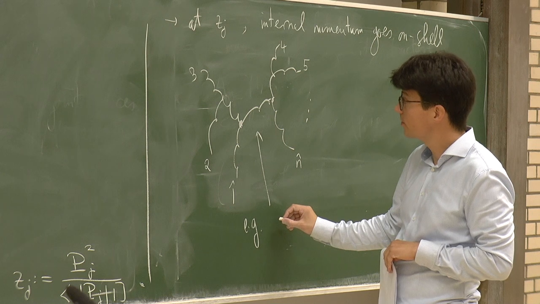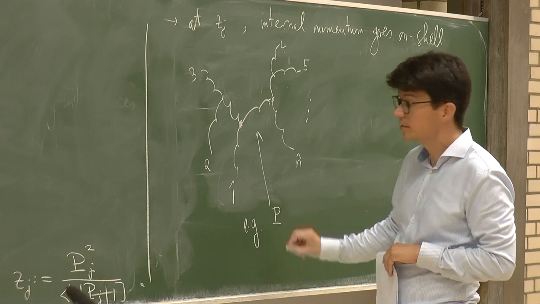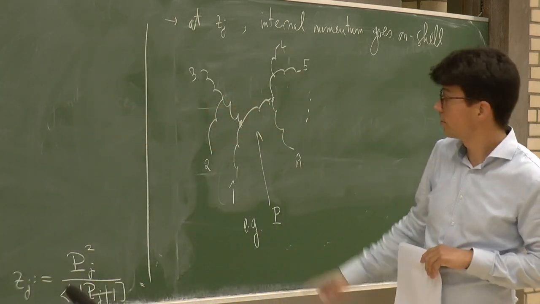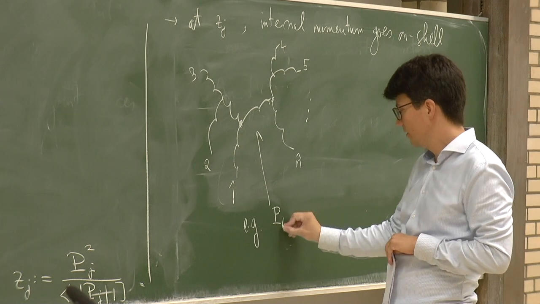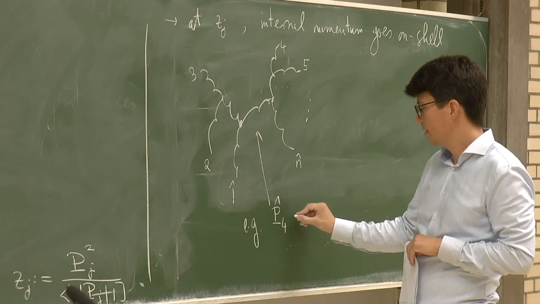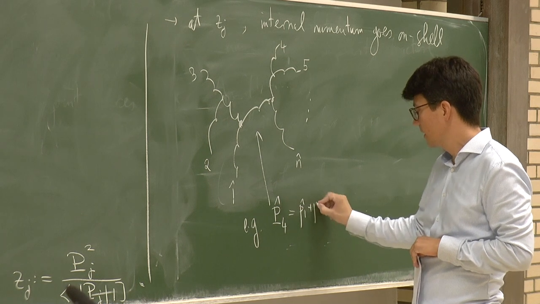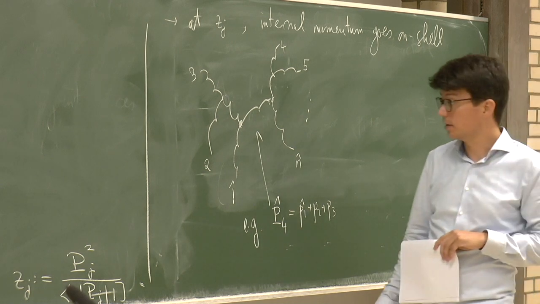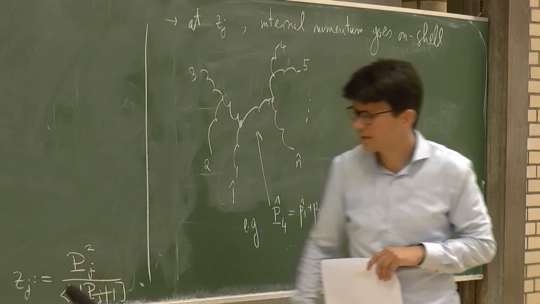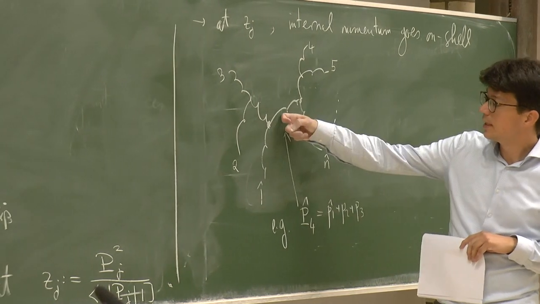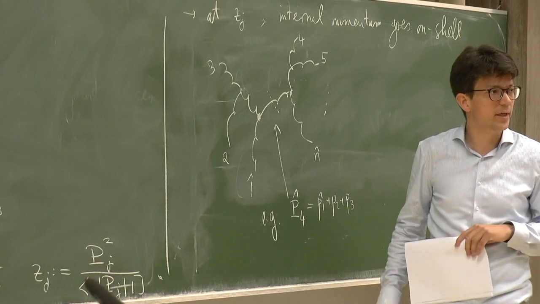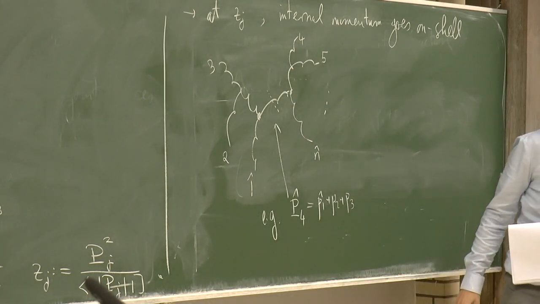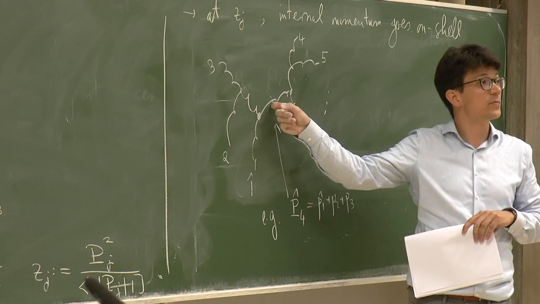In my notation, this would be called P4, because we want to consider the sum up to 3. So P4 is P1 plus P2 plus P3. And if we go to this value Z4 for the shifted amplitude, then this means putting this propagator on shell, which sometimes people denote by a cut, but anyway, never mind that. It's just to denote that it's this pole that we're looking at.